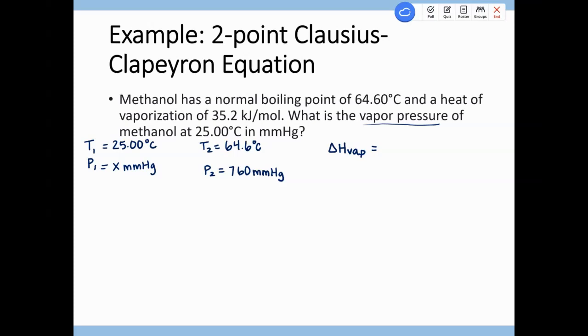So that pressure conversion we learned last term. I think what's on the periodic table sheet is that 1 atmosphere equals 760 torr, but a torr is equal to a millimeter of mercury. So 1 atmosphere is 760 millimeters of mercury. All right, now we have delta H, heat of vaporization. This is 35.2 kilojoules per mole.